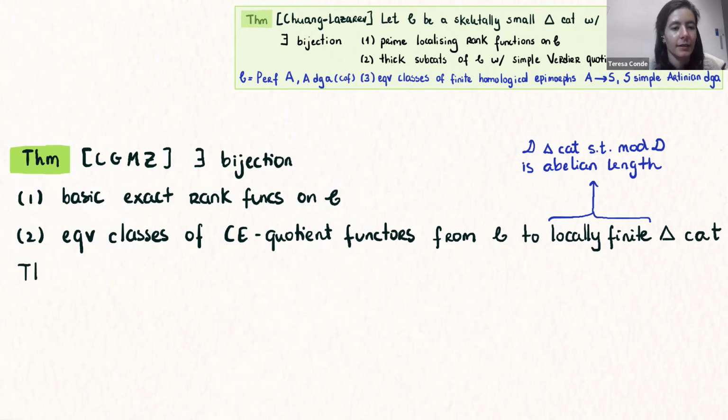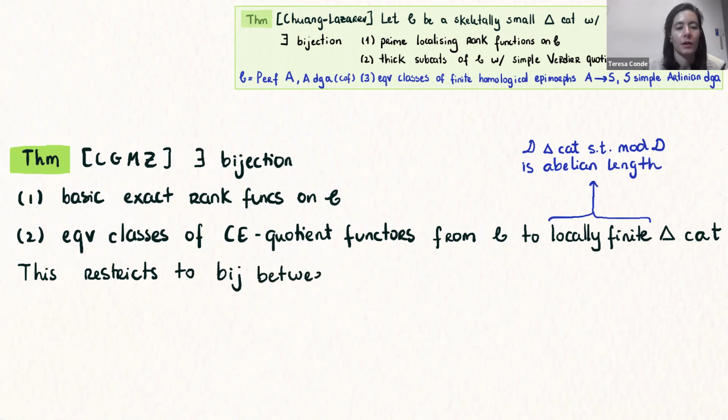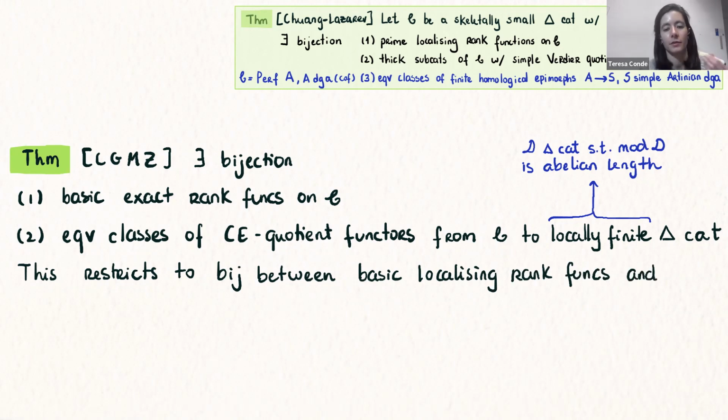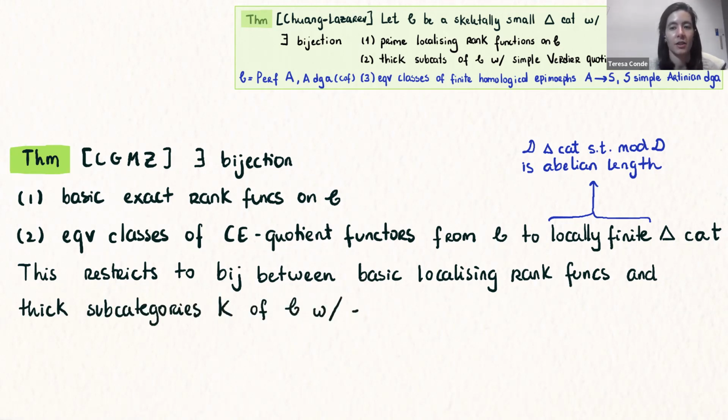Okay, and if in this theorem we restrict ourselves to basic localizing rank functions, I said before that the localizing rank functions are exact, then we get a restricted bijection from the basic localizing rank functions to thick subcategories of C, such that the corresponding Verdier quotient is locally finite.